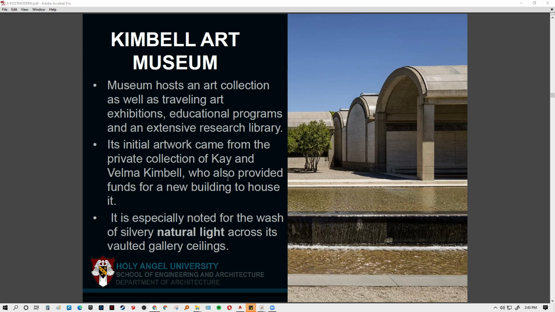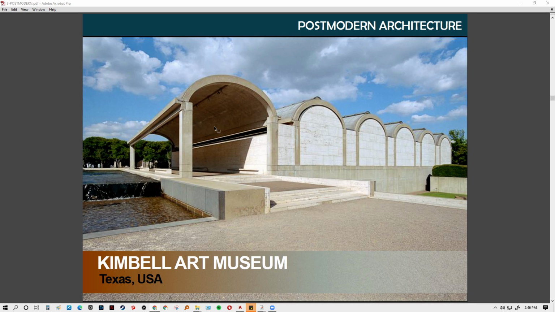So one of the aesthetics or ornamentation used with this is the vault-like shaped ceiling in the gallery, and the silvery light that crosses each portion of the ceiling.